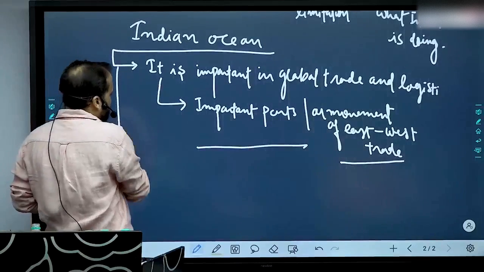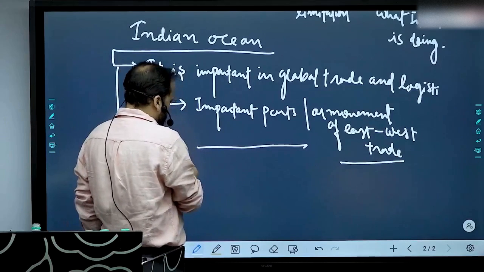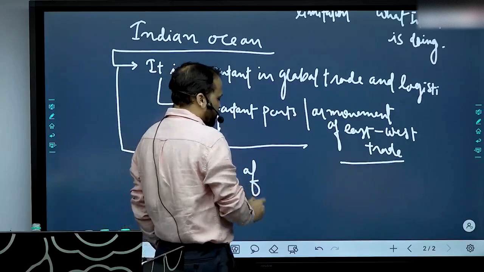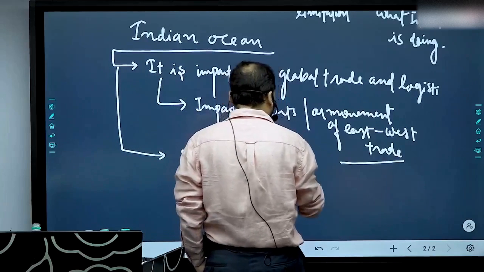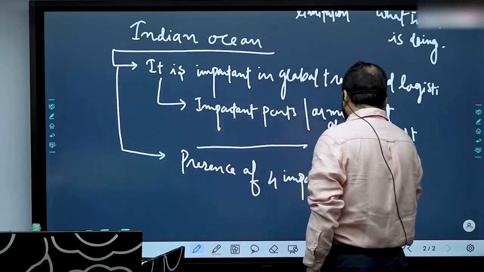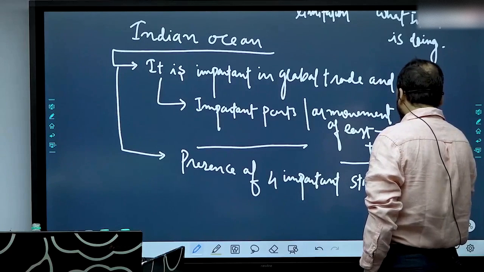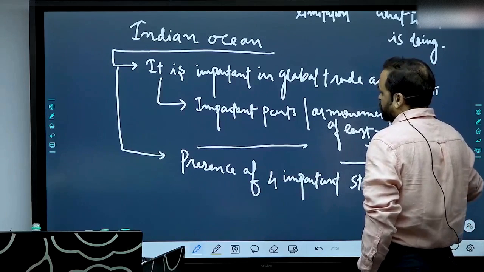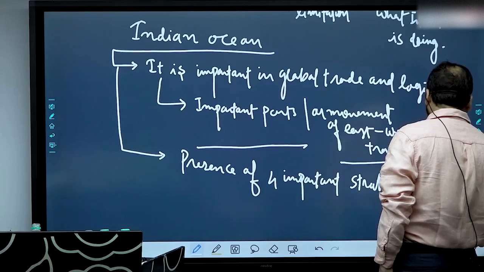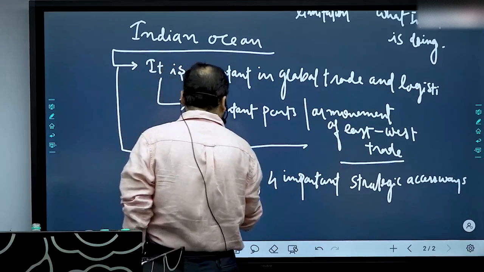And if you add strategic significance to it, the Indian Ocean becomes important because of the presence of four important strategic accessways or choke points.